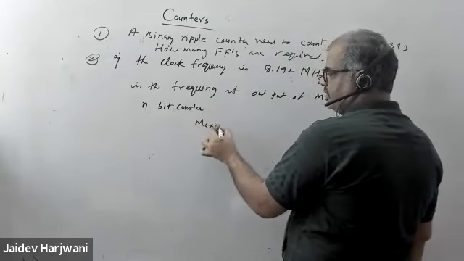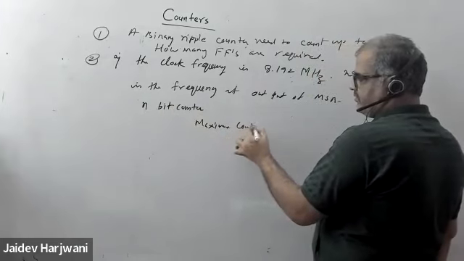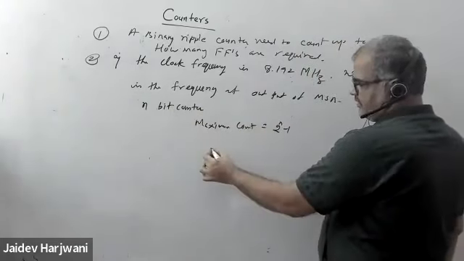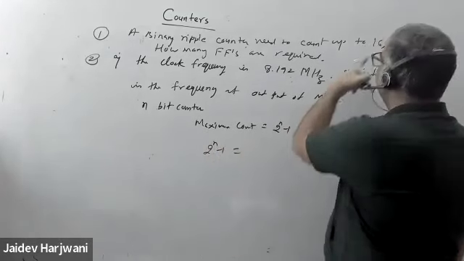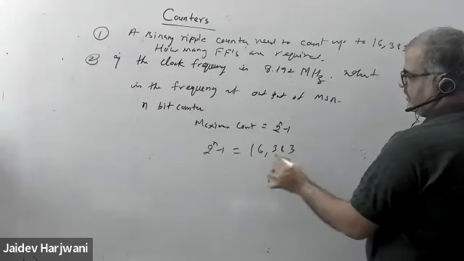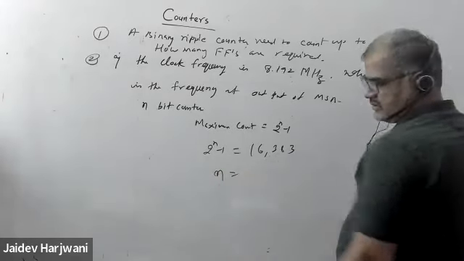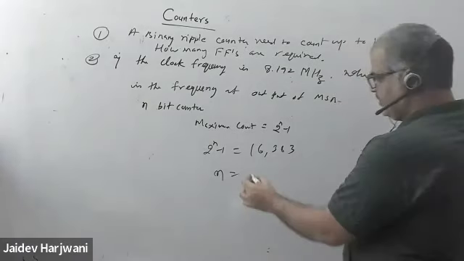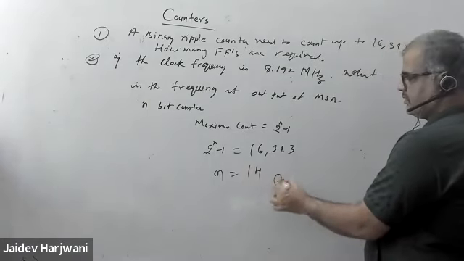Maximum count is 2 raised to power n minus 1. Very good. So here 2 raised to n minus 1 is given as this one, 16383. So tell me what is n? 14. Very good. n is 14.